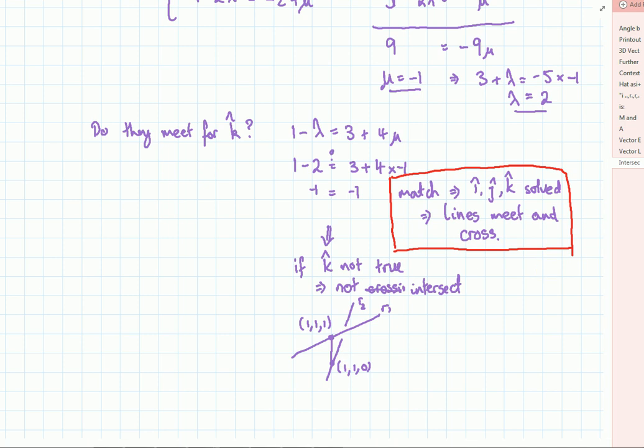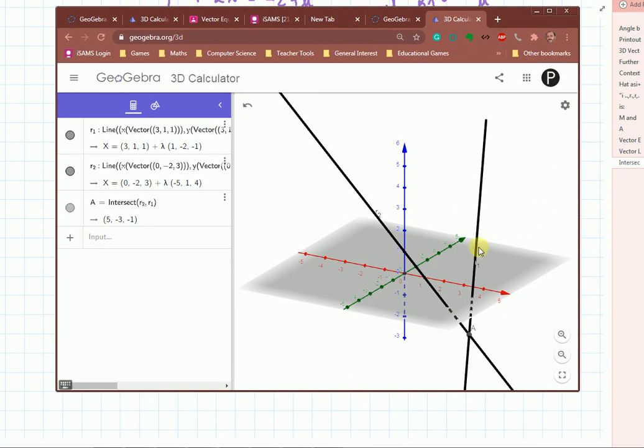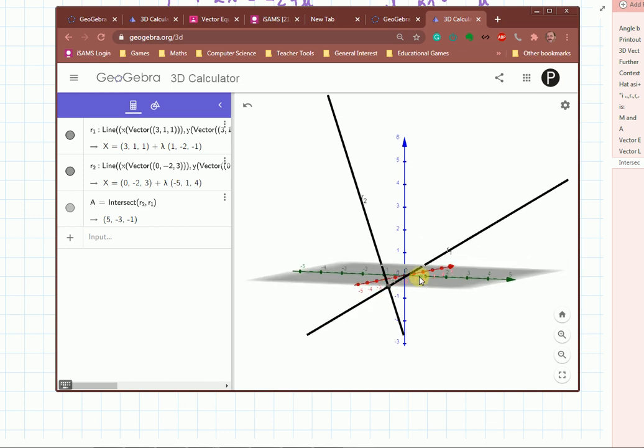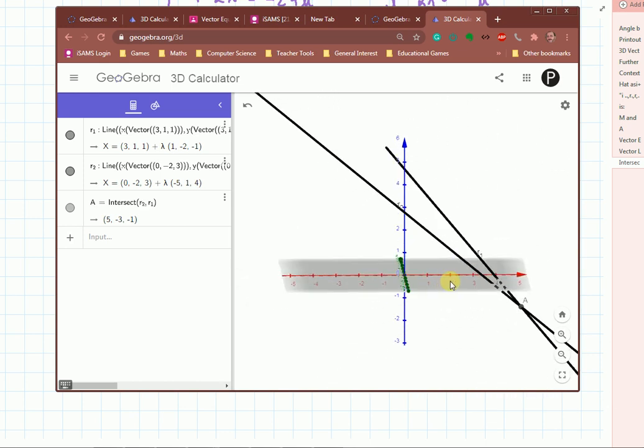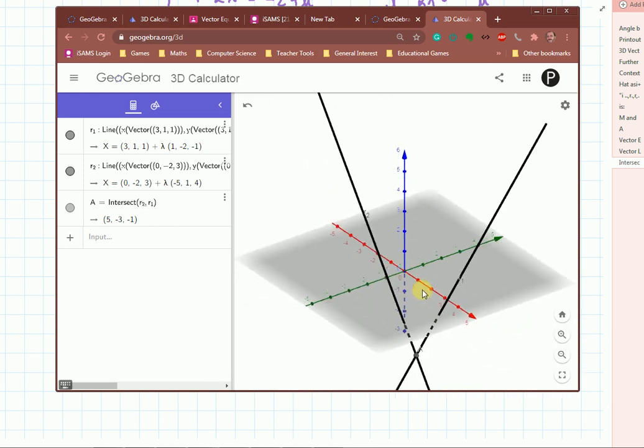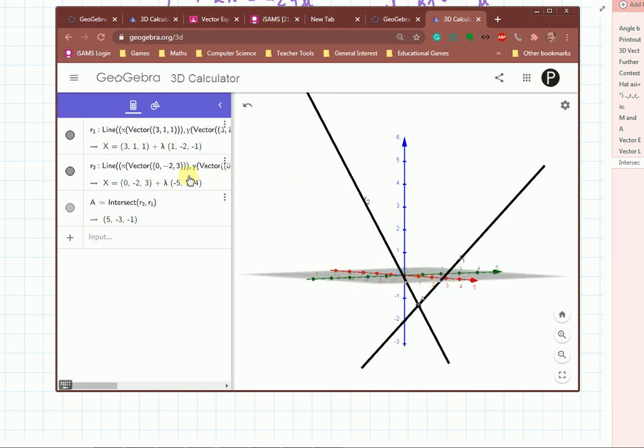So let's just have a look at these two vectors. This is the given in the problem, and that's where they cross, and see they cross and meet at a point. And I said if my x value on this one had been slightly different, if I'd said 4 here, why is that not changing?